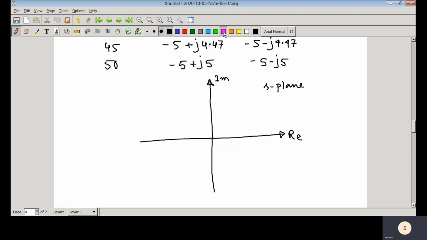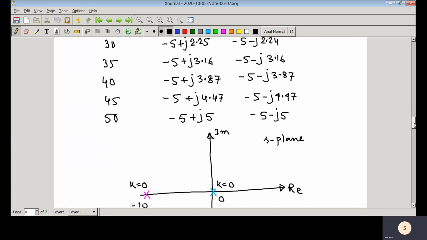We'll just use two colors. One is at minus 10, so this is minus 10, and its value is k equal to 0, and when k equals 0 there is another pole that is at 0.